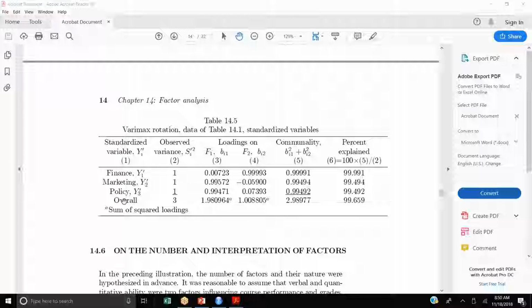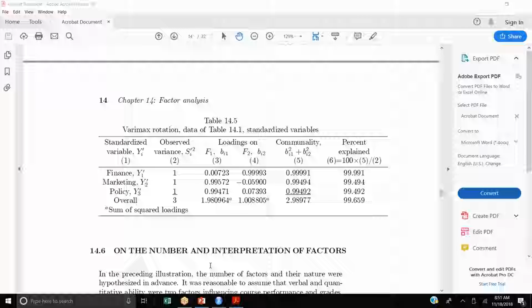There is a method called Varimax. I'm not going to talk about a lot of things, only Varimax. Varimax rotates the data in such a way that the resulting hidden dimensions are as perpendicular as possible, which is what we want in general.